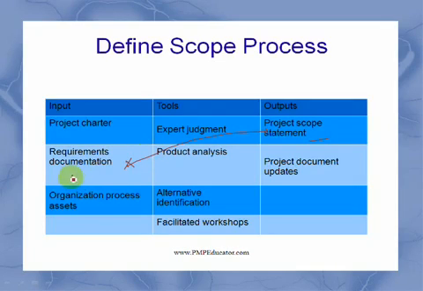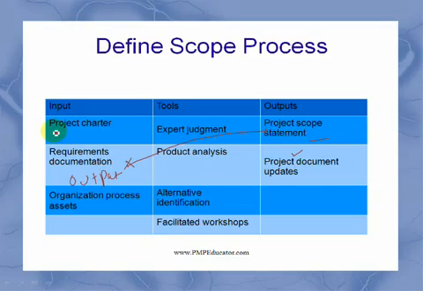If you remember, this is the output of the previous process, which was the collect requirements process. There are some other outputs, tools and techniques, and inputs which we will cover, but the key point for this process is that you convert the requirements documentation into a better document for your project management, which is the project scope statement.